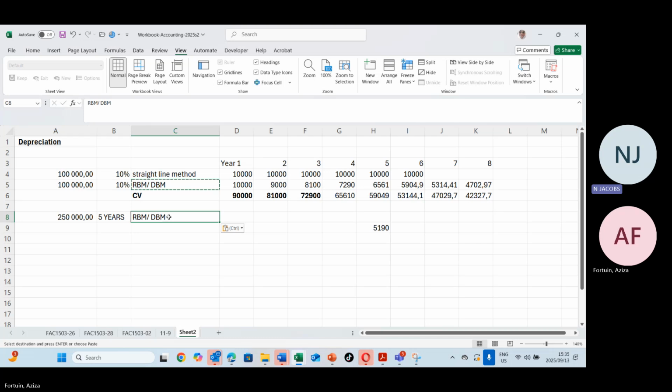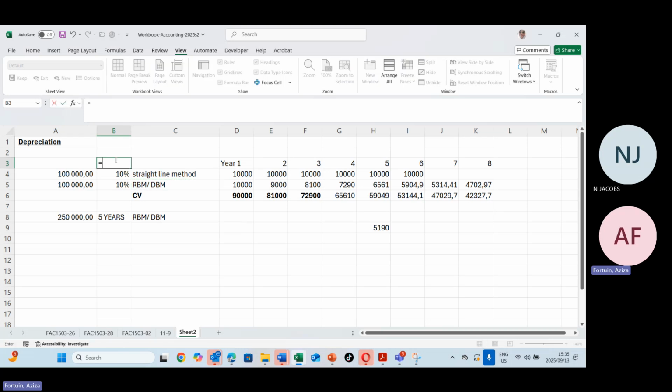Okay, so I know when you use percentage, you divide to get the years. If you say 100 divided by 10, you get your percentage. Right? 5 years is 100 divided by 5, so it's 20%.